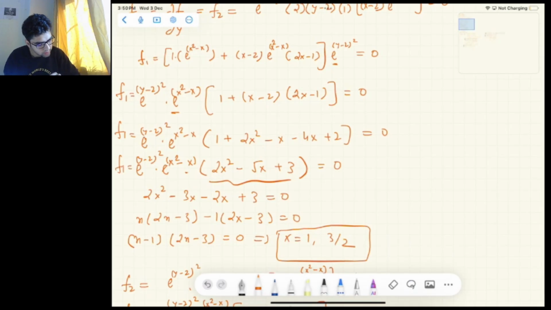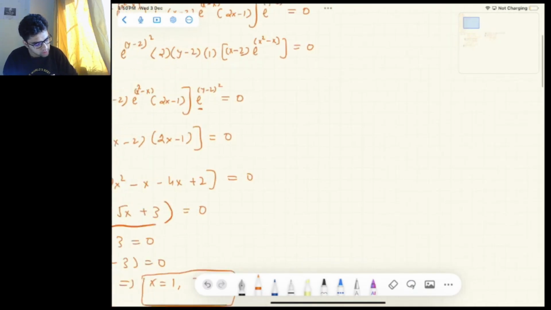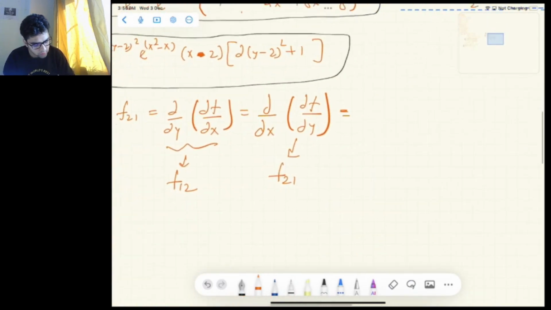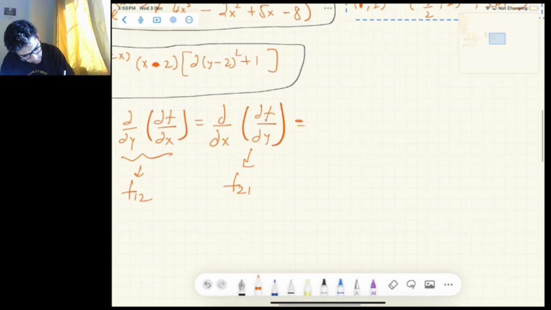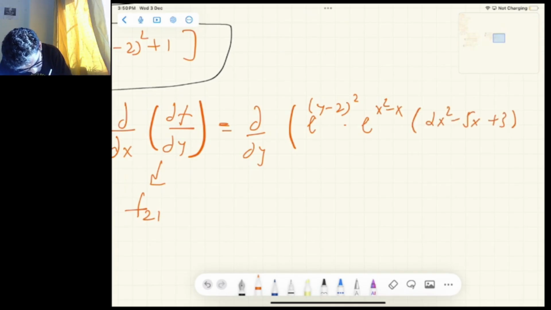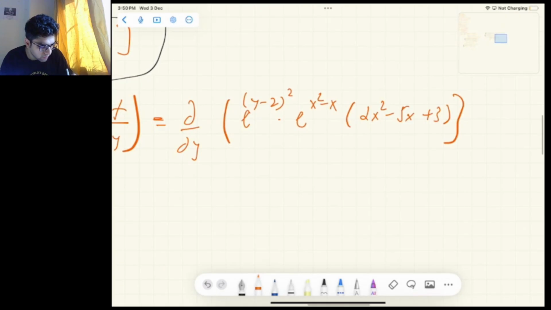I'll just write this again: e to the power y minus 2 whole square, e to the power x square minus x, 2x square minus 5x plus 3. Right, so my expression was this, del by del y of e to the power y minus 2 whole square, e to the power x square minus x, 2x square minus 5x plus 3. So I need to find the derivative with respect to y.